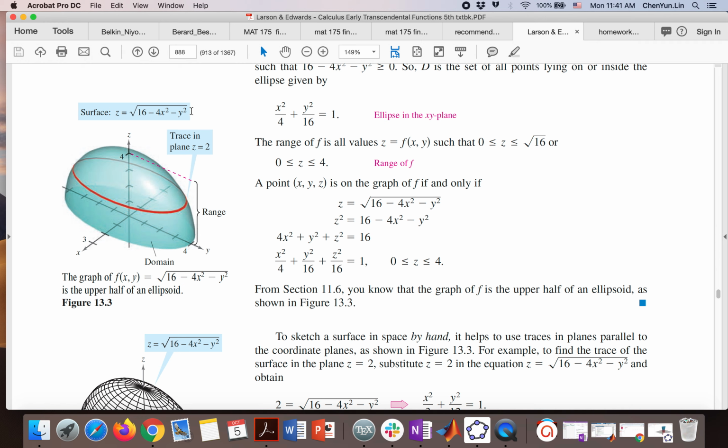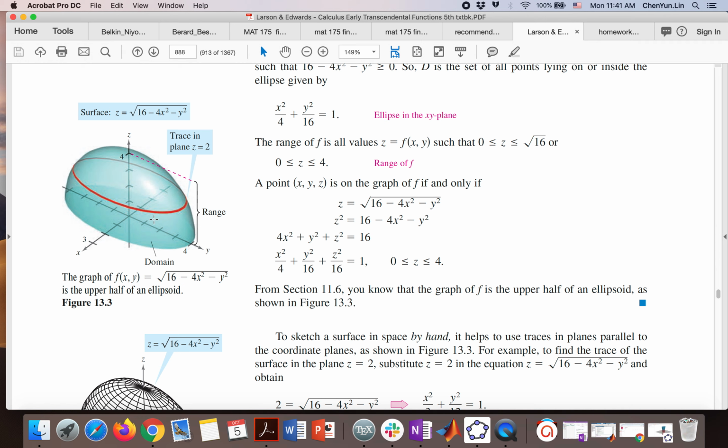You can imagine that if you have a knife and you are good at chopping, you chop through this surface horizontally at z equal to 2. Then the trace, which is this curve in red, would be the so-called level curve of this surface with z equal to 2.